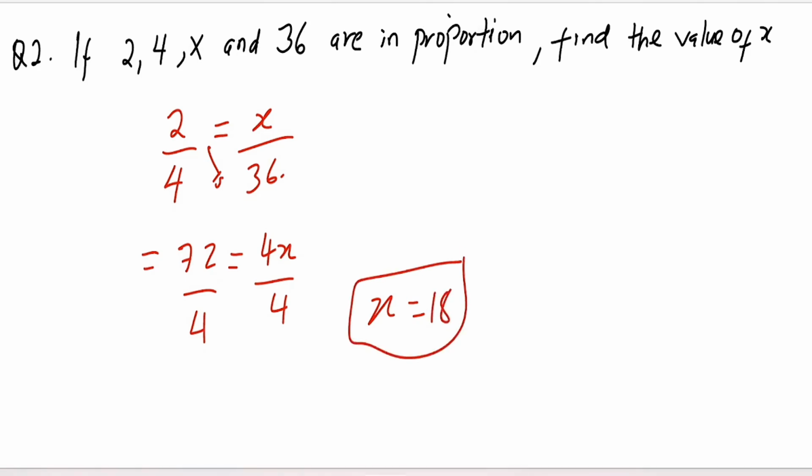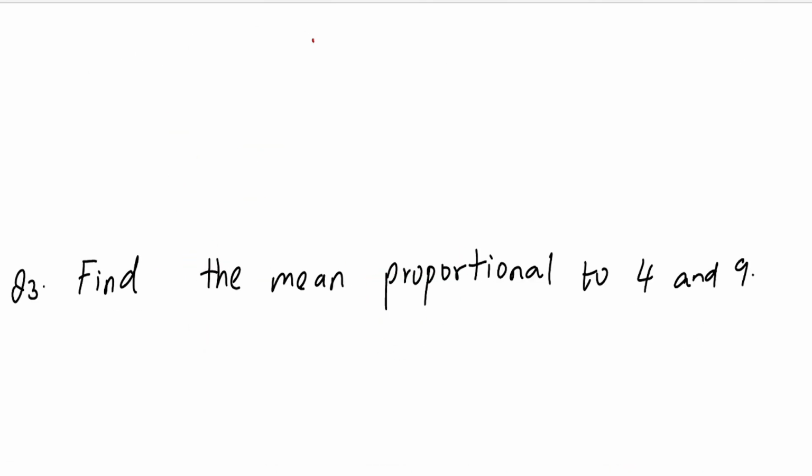Let's go to the other question. Now, the third question is asking you to find the mean proportional to 4 and 9. Mean proportional, so you assume that there's 4, comma, x, comma, 9. So 4 over x is equal to x over 9.